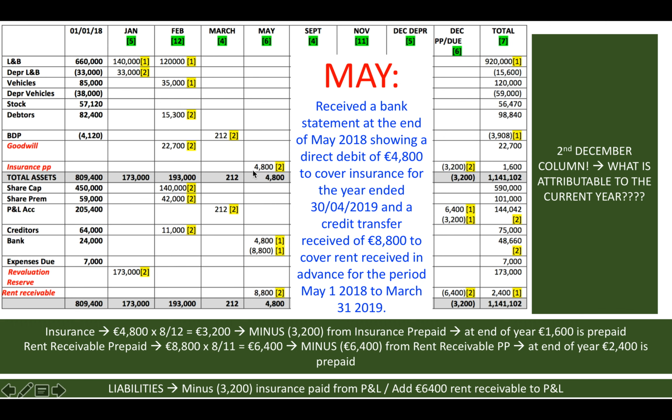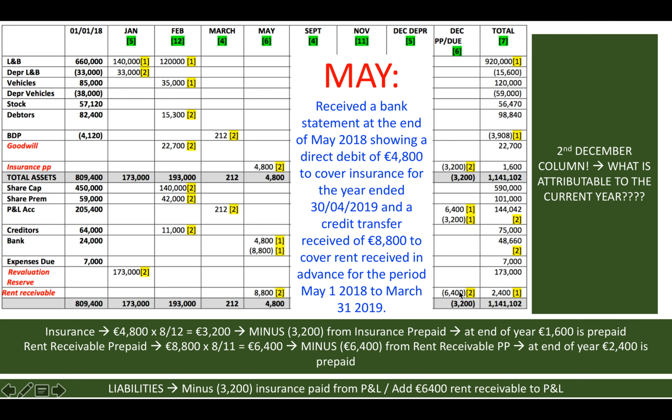So whatever I have here, I'm going to change the signs, so I'll take away 3,200, which leaves me with 4 months prepaid at the end of the year, which is 4,800 multiplied by 4 over 12. Now, what does insurance paid for the year do to my P&L balance? Well, my profit is going to reduce because I have paid an expense. So I minus 3,200 from the P&L.